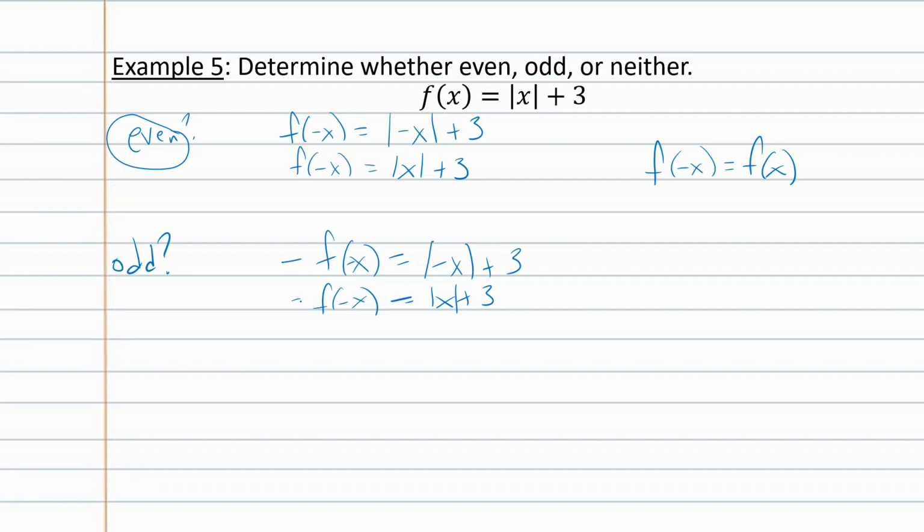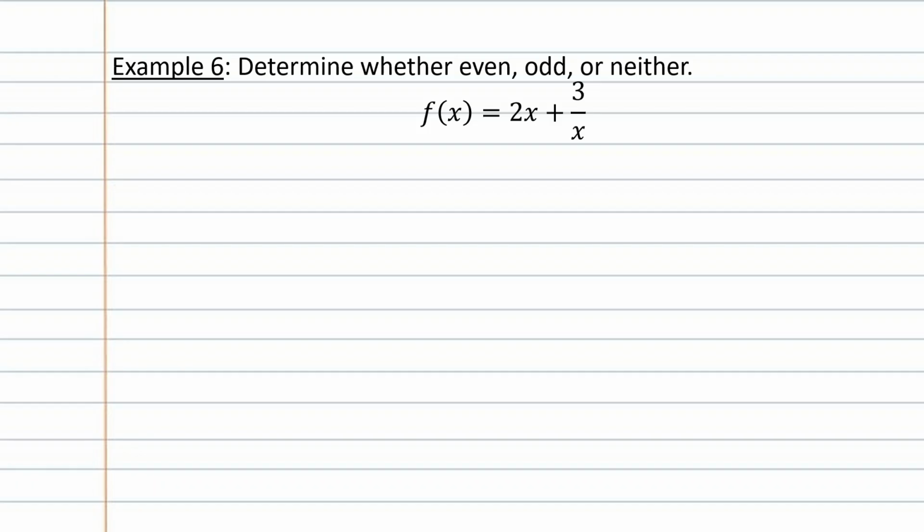But we still have this negative to worry about over here that we have to bring over, which means that f of negative x equals negative absolute value of x minus 3, which is not the original. We've determined it's even, therefore it's not odd. Okay.